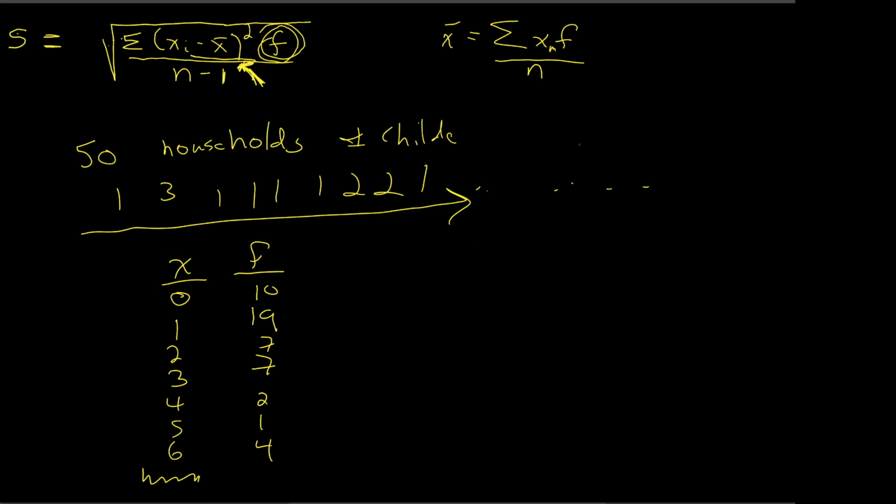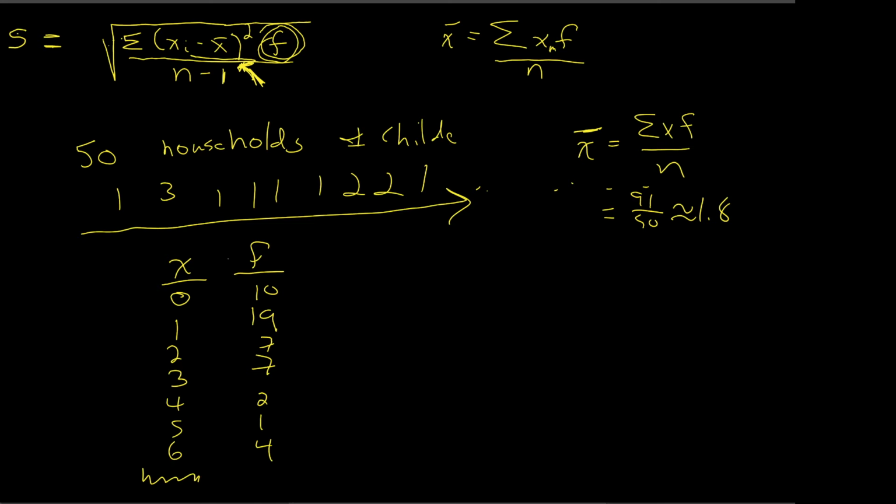And so adding up x times f, so 0, 19, 14, 21, and so on, and dividing by n, which was 50 in this case, we get 91 divided by 50, or 1.82. The average children per household is 1.82.